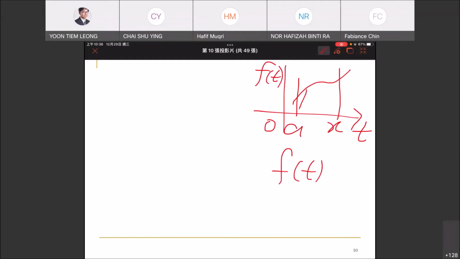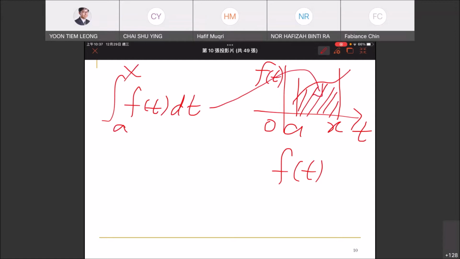So imagine I integrate the small function f(t), and form the definite integral of the function from a to x. What would this represent? This would represent the area of the function f(t) between a and x. But here I'm not using x as the name for the variable; the independent variable here is called t. So try not to be confused.